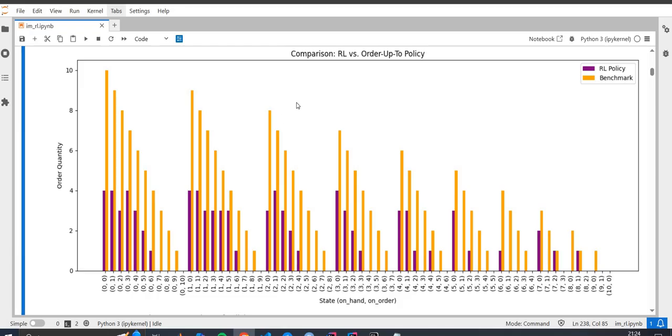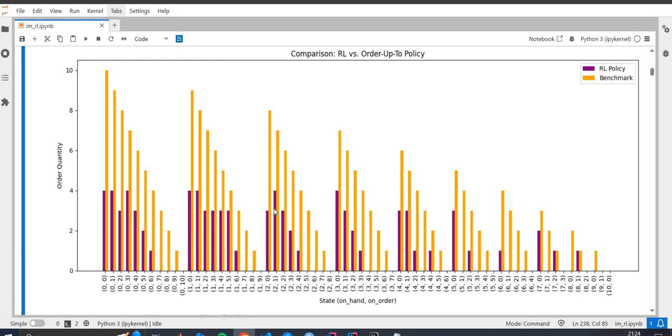This plot compares ordering behavior between the two policies. You can see here the purple bars represent the RL policy, while the orange bars show the benchmark policy. What's interesting here is that the RL agent tends to order less aggressively.